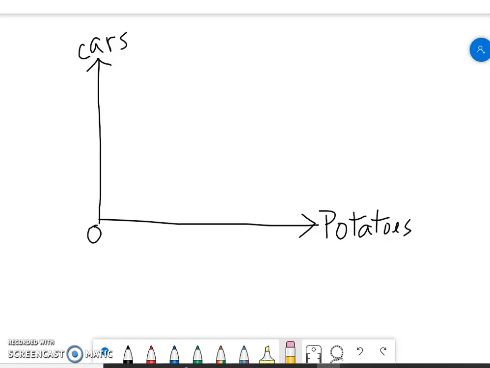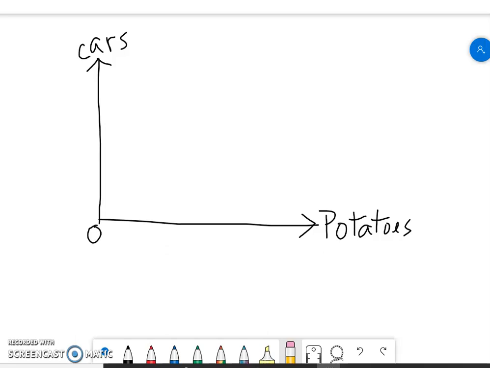Here I already pulled out my Microsoft whiteboard, and I already put number of cars on the vertical axis and number of potatoes produced on the horizontal. If you want to do this the other way around, putting the potatoes on the vertical and the number of cars on the horizontal, that's completely fine. It's not going to change anything we're going to find.